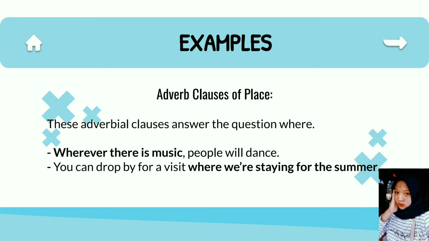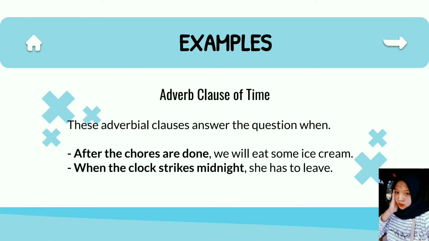These adverbial clauses answer the question where. Wherever there is music, people will dance. You can drop by for a visit where we are staying for the summer. So in these examples, the adverb clauses answer the question where.